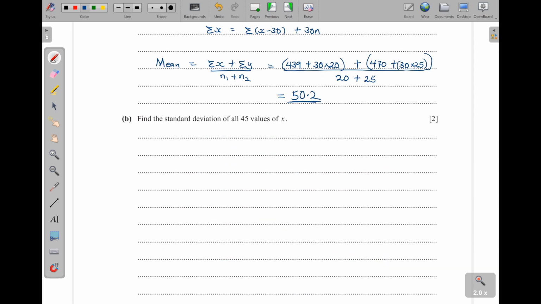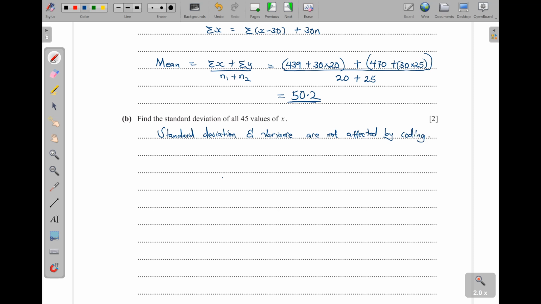So next, they want us to find the standard deviation for all 45 values of x. One thing you need to know is that in coding, standard deviation and variance are not affected by coding.